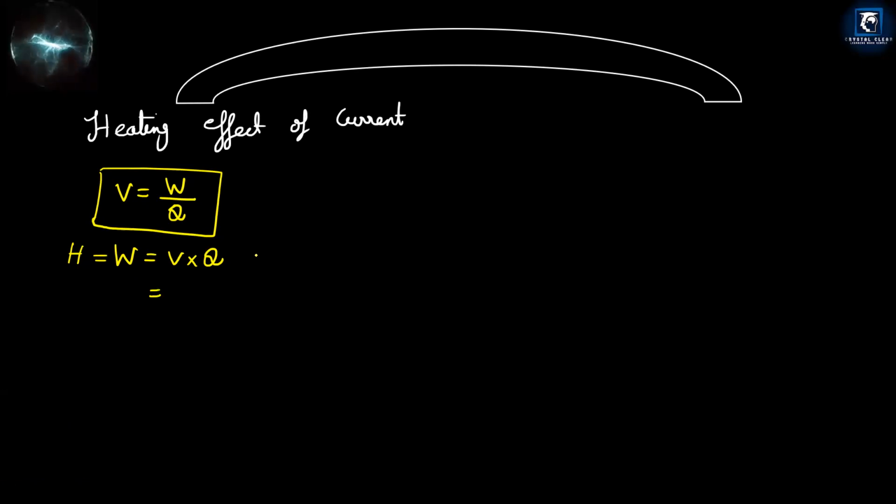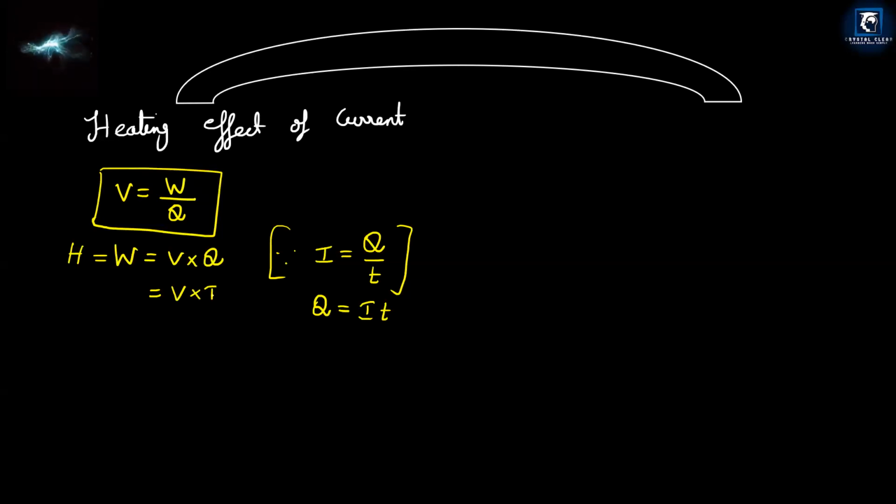Now, instead of Q, from the current formula, we know I, current, is equal to the rate of flow of charge. The same thing I can write Q is equal to IT. So apply this one. Since I is equal to Q by T, I'm using V into I into T, which is nothing but VIT.